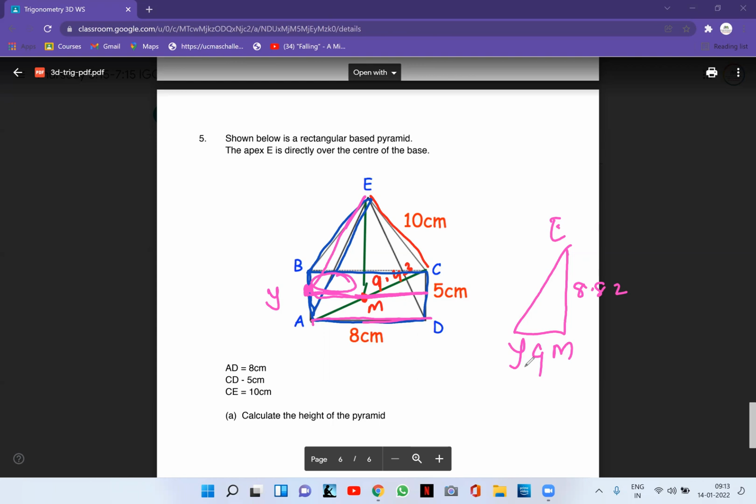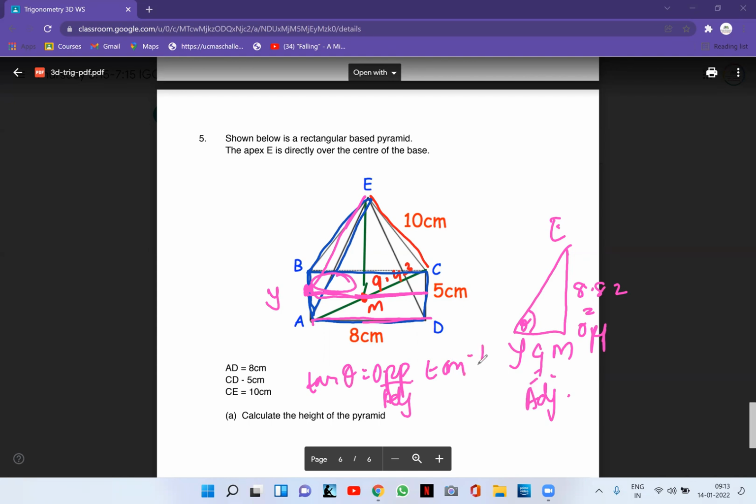Now we have to find this angle. This is theta. This is my opposite and this is my adjacent, right? So I can straight away apply the tan formula. Tan theta is equal to opposite over adjacent. I want to find this theta, so take tan inverse.